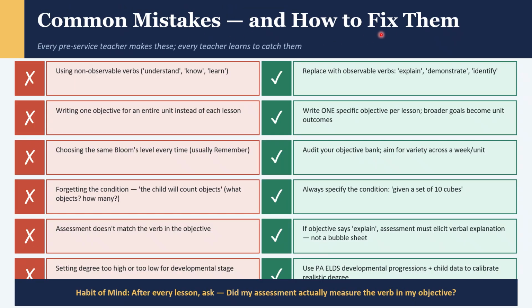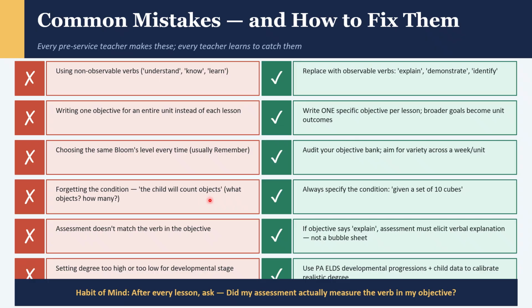So common mistakes and how to fix them. Again, just as a review, every pre-service teacher makes these mistakes, and every teacher will learn to catch them. So: using non-observable verbs; writing one objective for an entire unit instead of one objective for each lesson; choosing the same Bloom's level every time, and we teachers usually hang out at remember; forgetting the condition.